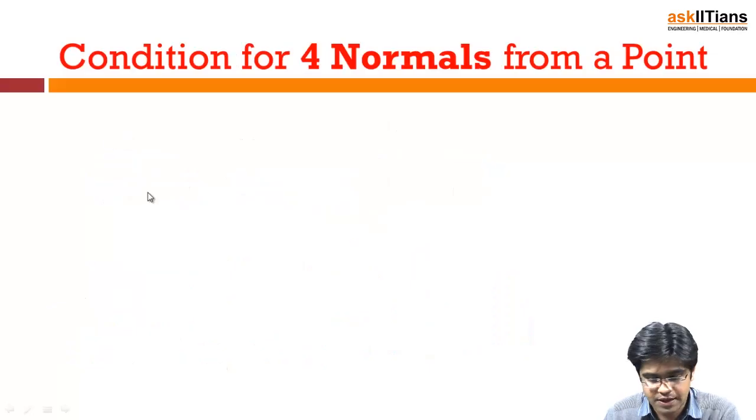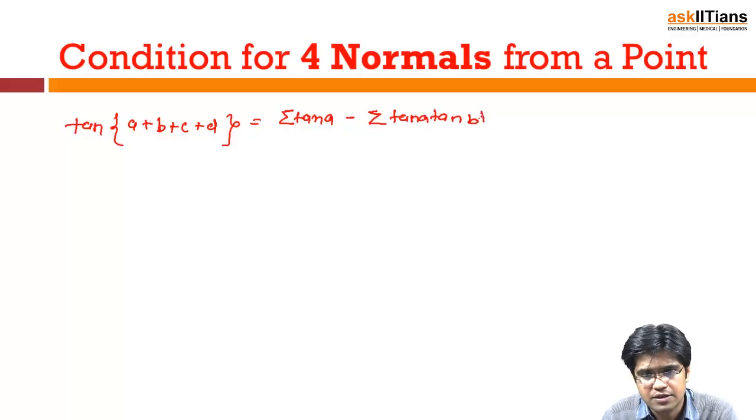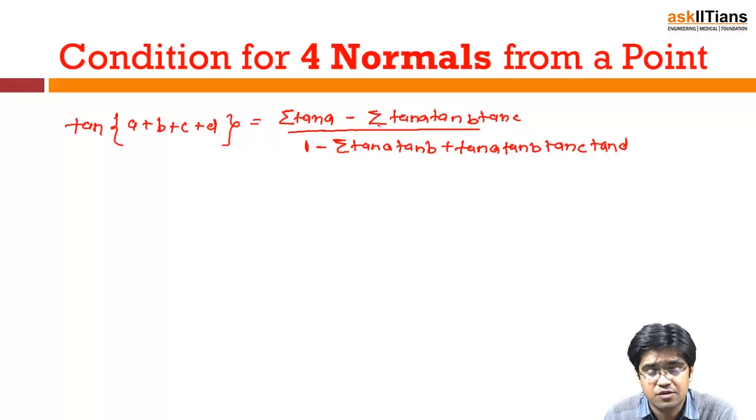I know one thing, that is tan of A plus B plus C plus D is given by summation tan A, that means taken only one, minus summation tan A tan B tan C, that is sum taken 3 at a time, divided by 1 minus summation tan A tan B, that is sum taken 2 at a time, plus multiplication of roots, that is tan A tan B tan C tan D. So this is actually the formula for the expansion of tan of sum of 4 angles.